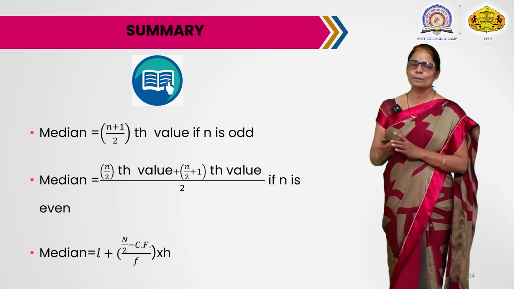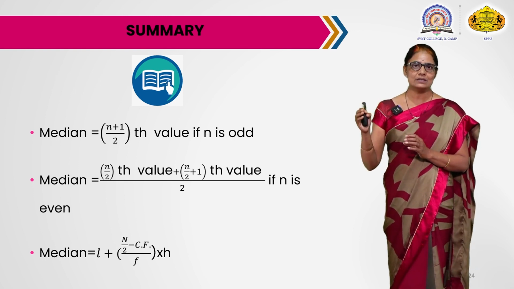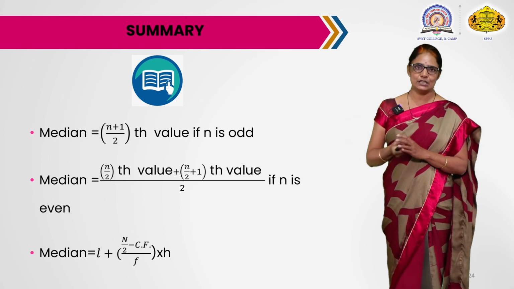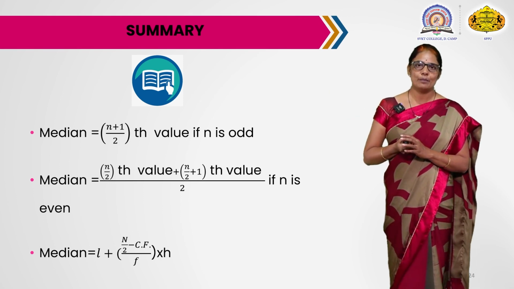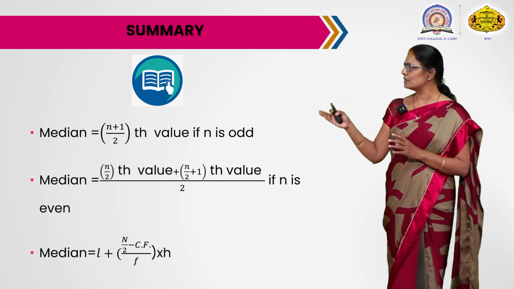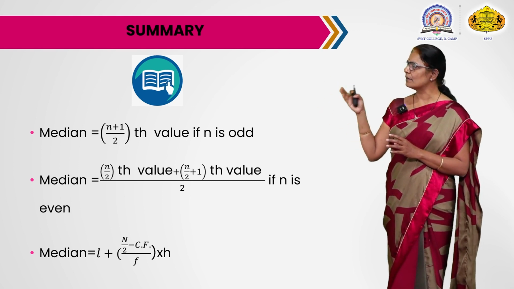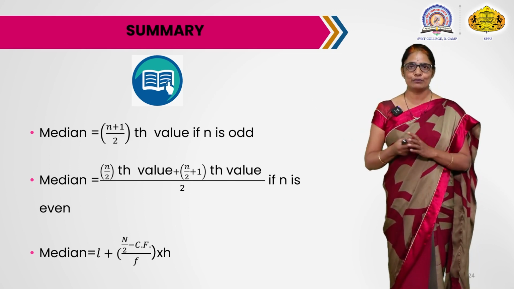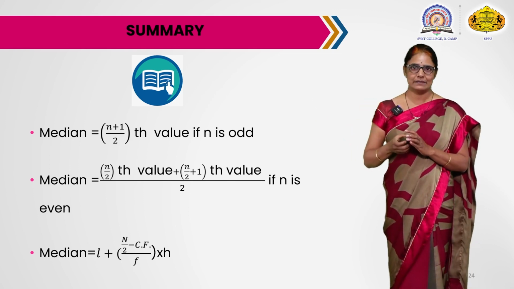And last, if the observations are given in a table or grouped frequency distribution, in that case median is calculated by using this formula: Median equals L plus (n by 2 minus CF) upon f, into h. Here, first we have to find the less than cumulative frequency.